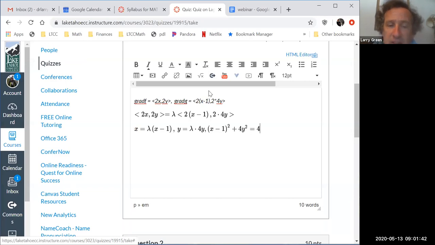Any questions on arriving at these three equations? Any questions on this? Okay, so now we can solve them.